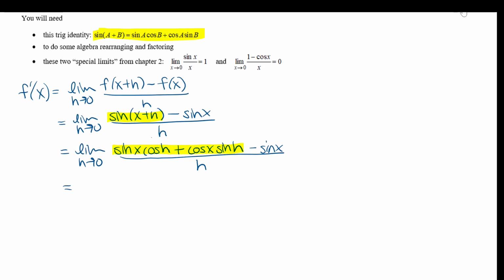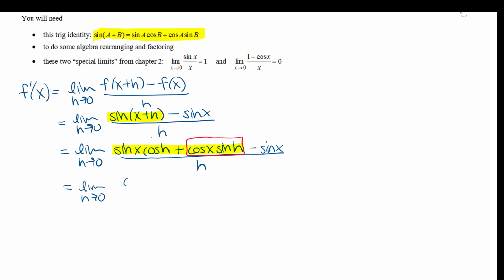Okay, so I do have a sine of h over h factor here, so I'm going to split this up a little bit first of all. I'm going to take the term that says cosine of x times sine of h, and separate that from the other two terms that are on the numerator here.